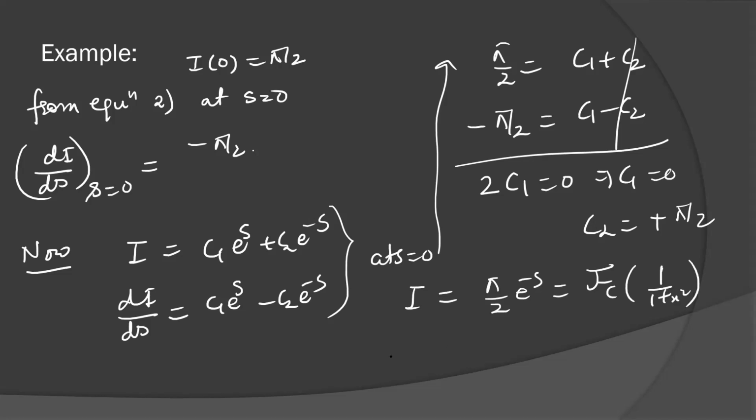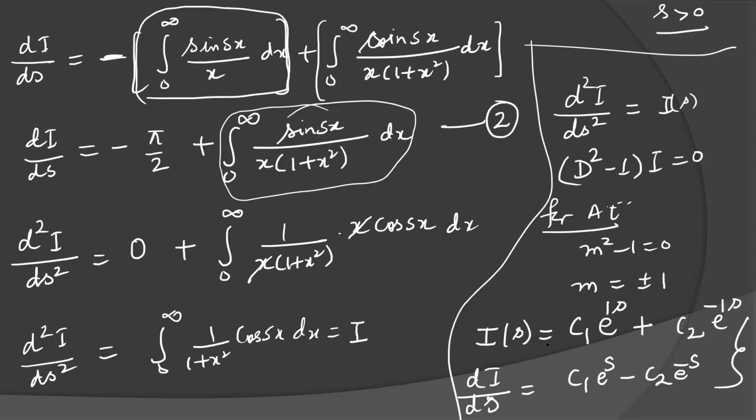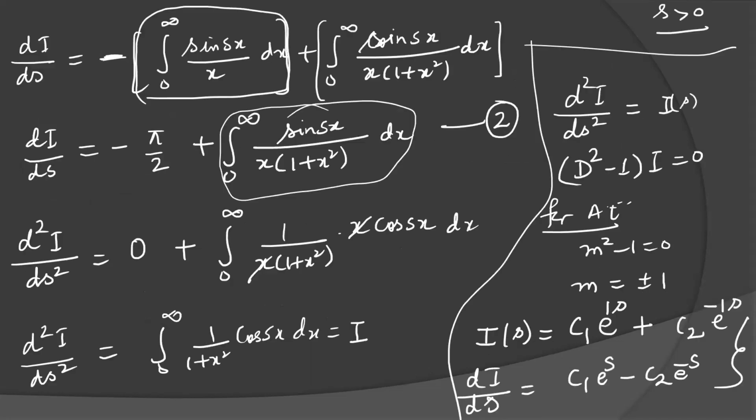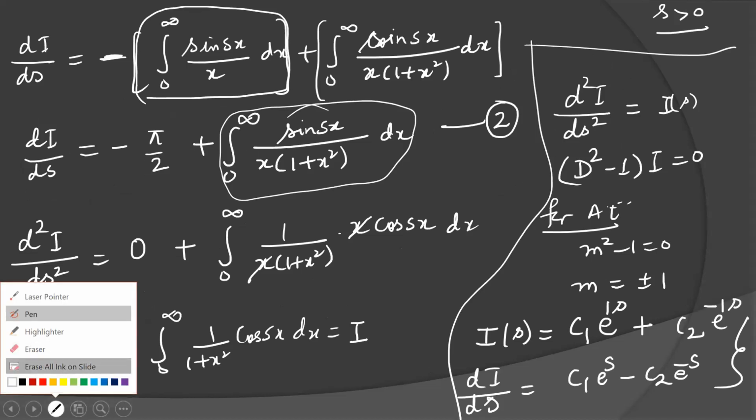Very good. What will be dI/ds here? It will be minus pi by 2 e to the power minus s. But if you see carefully, what is your dI/ds actually?